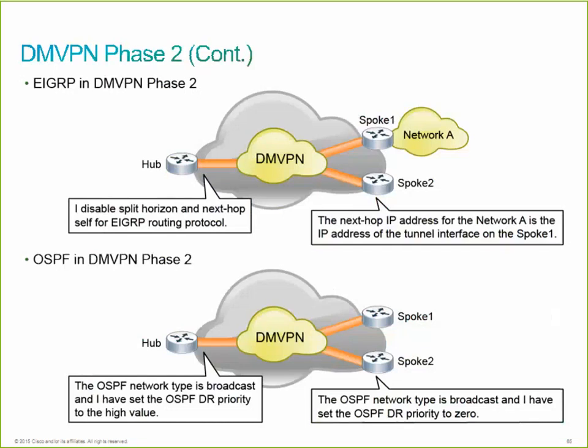And we have to disable that feature on the hub router. That's going to tell the hub router to set the next hop address to the IP address of the spoke that's actually originating the route behind the spoke router. So when all the other spoke routers receive that route, they're going to see the IP address of the tunnel interface on the other spoke router as the next hop address for that destination prefix.